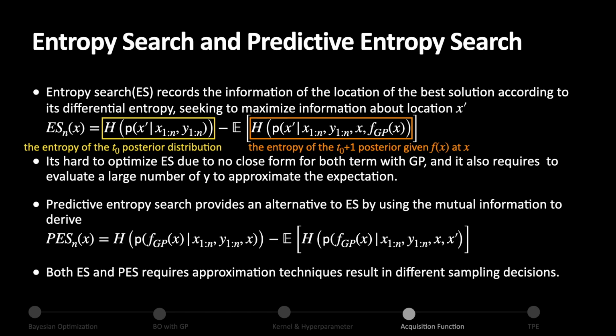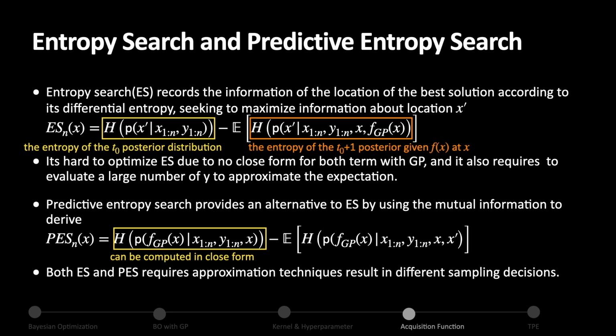The predictive entropy search, PES, provides an alternative to ES by using mutual information to derive it. So PES could be written as the entropy of the probability of f_GP of x given our data, and this can be computed in closed form.